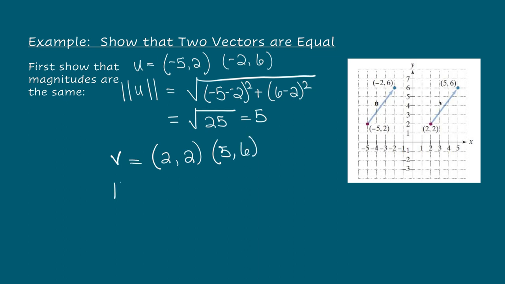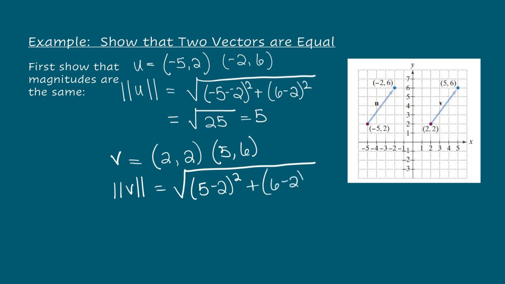So the magnitude of v was the square root of (5 minus 2) squared plus (6 minus 2) squared, which gave us the square root of 25, which was 5. So we satisfy the first criteria. We have equal magnitudes, so we're good there, but we still need to check the direction.